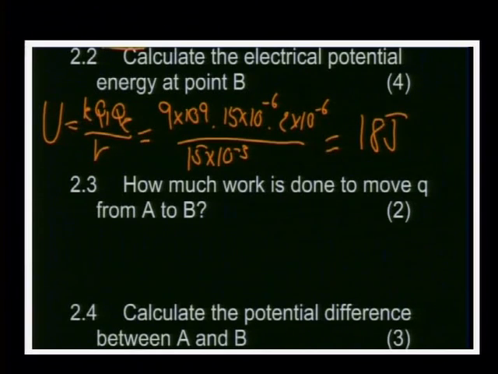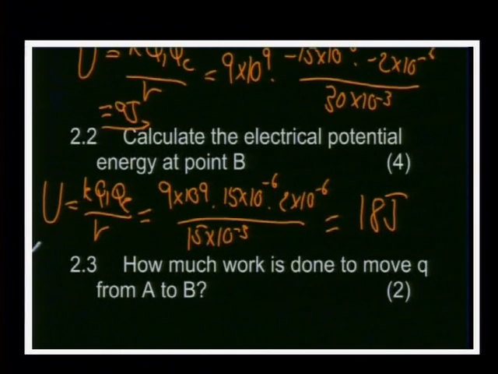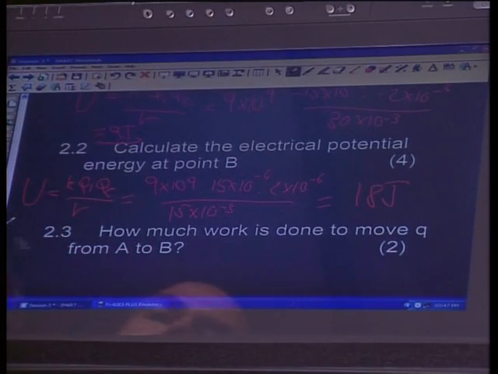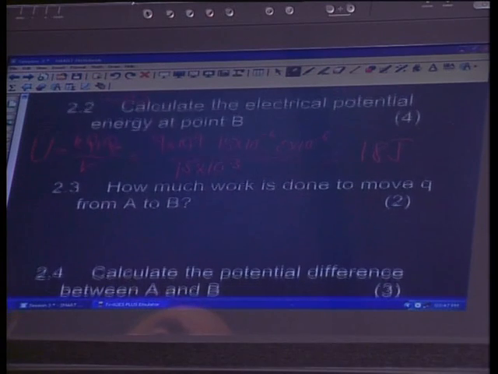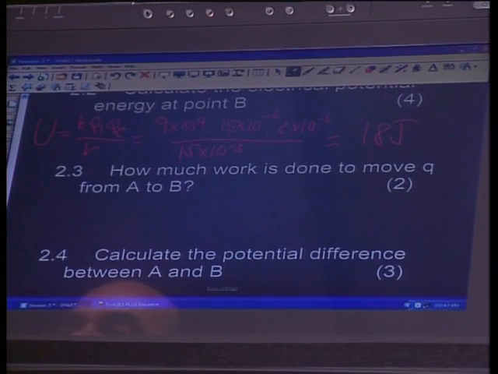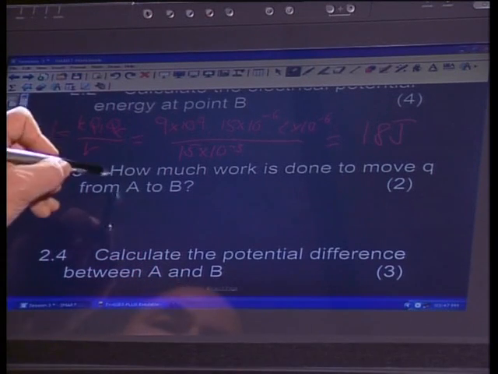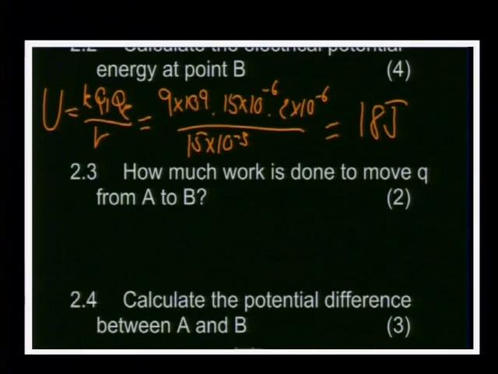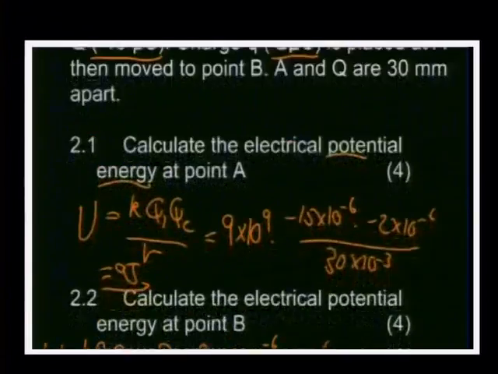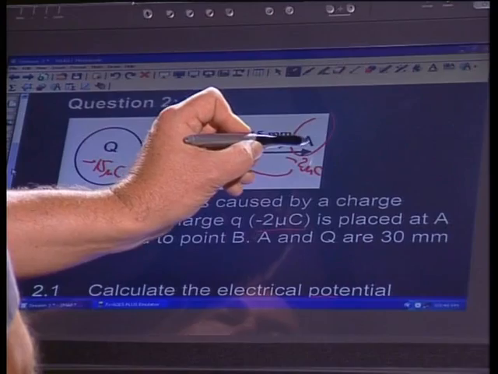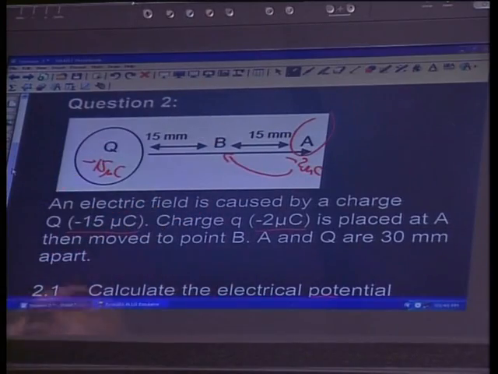Notice that the energy has gone from 9 joules to 18 joules. The distance has halved, so it has increased in its electrical potential energy. Now, the next thing we have to say is how much work is done to move Q from A to B. Recognize, when it's gone from A to B, what happened to it?